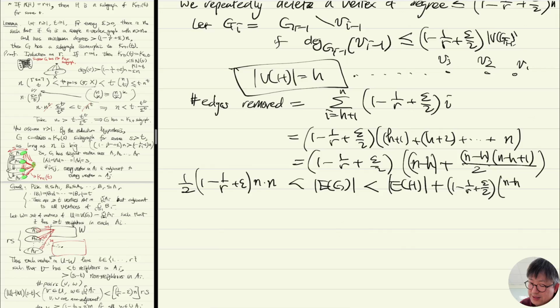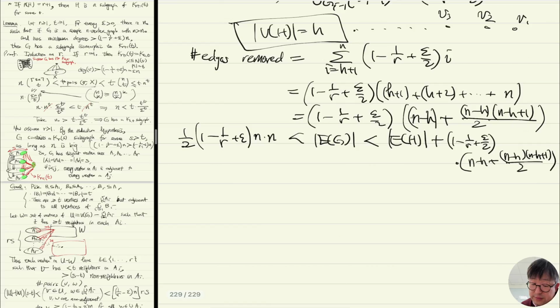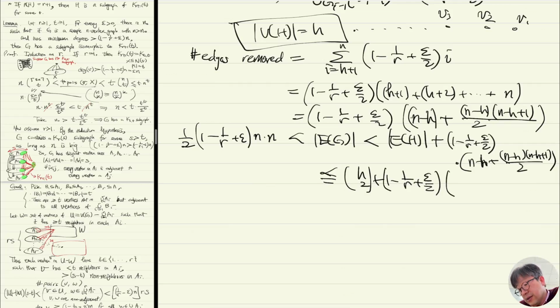Number of edges of h is at most h choose 2, and then this times n minus h squared over 2 plus 3/2 n minus h. Right, this is what we have.